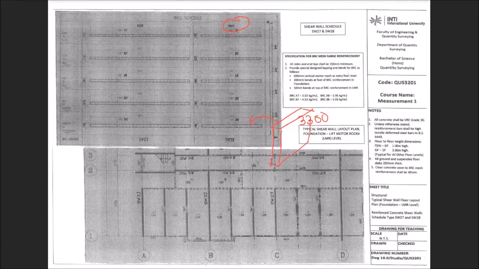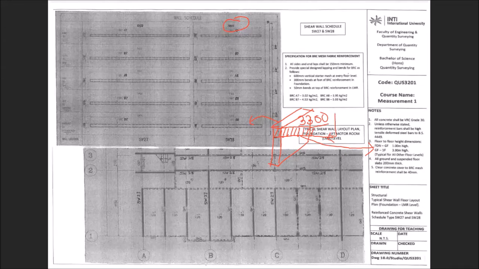But please be careful on item number 4: all ground and suspended floor slab shall be 200 mm thick. So when you measure the shear wall, you have to take note that the slab must be deducted, because apart from that, you have the floor slab.